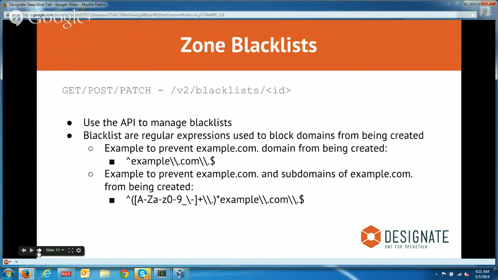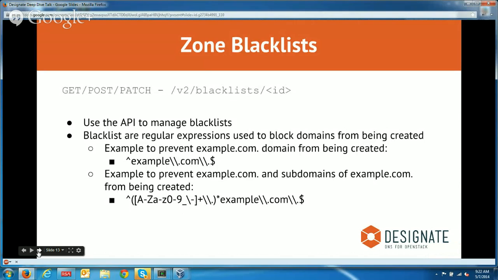Building from the top-level domains, we also allow you to blacklist domains. So this allows you to set regexes that will be run against every new zone that's created to ensure that, say you're working in a public cloud situation, you might want to stop people who aren't part of your company creating domains that would look like they belong to your company, or hijacking domains that might be part of your domains in the future.